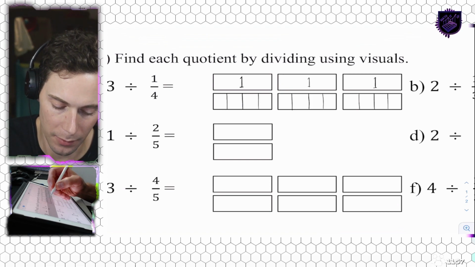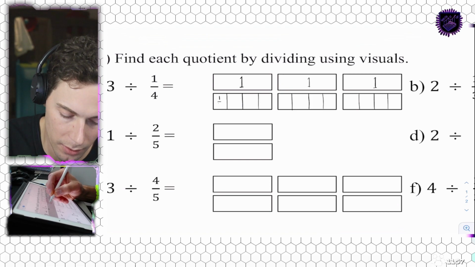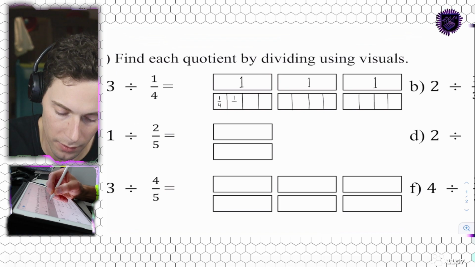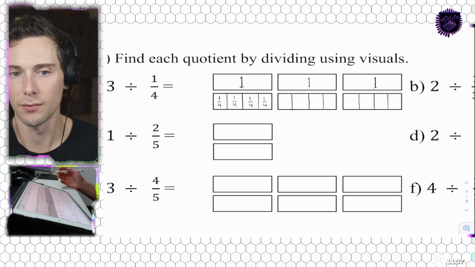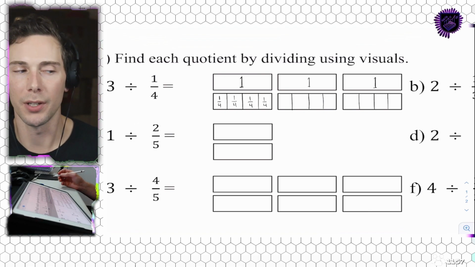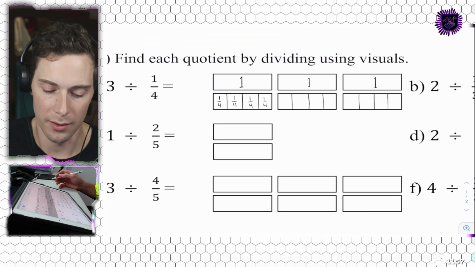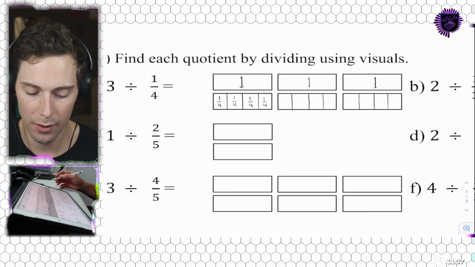So we can simply count the quarters. Each one of these is 1/4, 1/4, 1/4. I could go on and continue this for each one, but you have to understand that there are now 12 fourths.